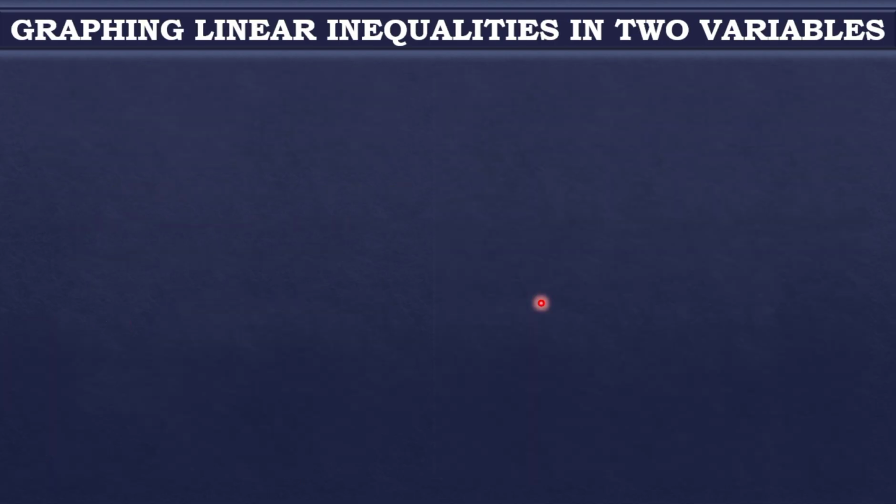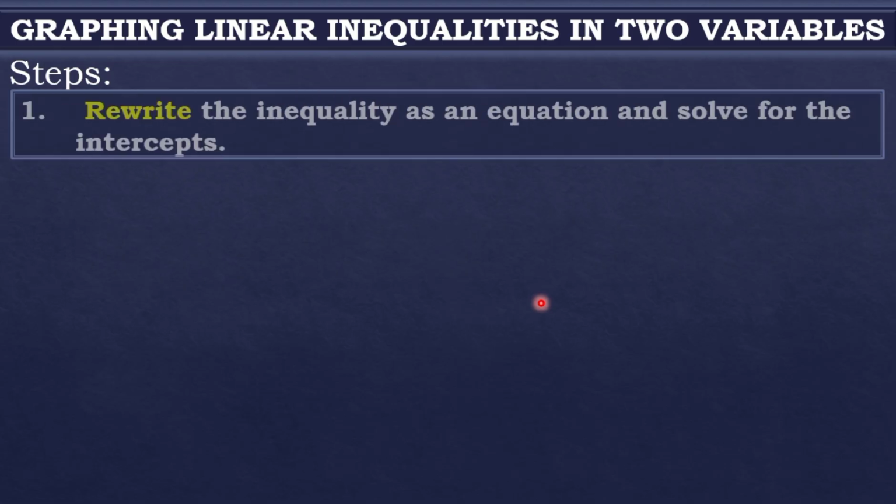So, let's proceed to the steps in graphing linear inequalities in two variables. So, dapat alam natin tong mga steps na to. Okay, so no need to memorize these steps. Hindi mo to kailangan i-memorize kasi pag na-practice mo ang pag-graph ng linear inequalities, masasanay tayo at hindi mo kailangan tong i-memorize. Okay? So, unang gagawin, since linear inequality ang i-graph natin, first step, ito ang pinaka-importante, is you have to rewrite the inequality as an equation.